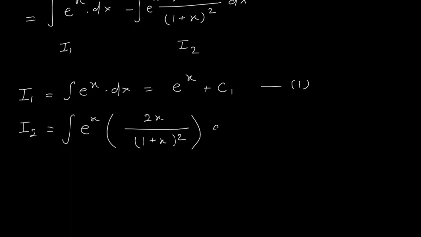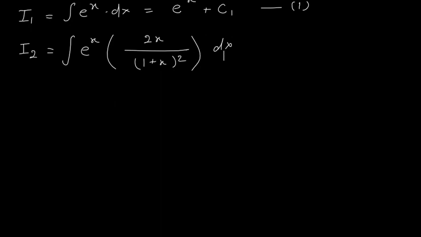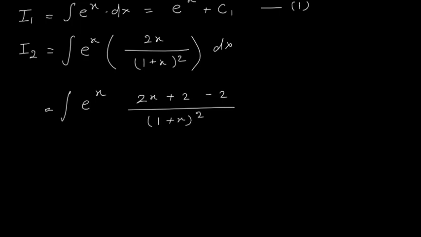Okay, so let us try some adjustment. Now in adjustment, here I have x plus 1 and here I have 2x. So better I write this 2x as 2x plus 2 minus 2, and denominator is 1 plus x the whole square.